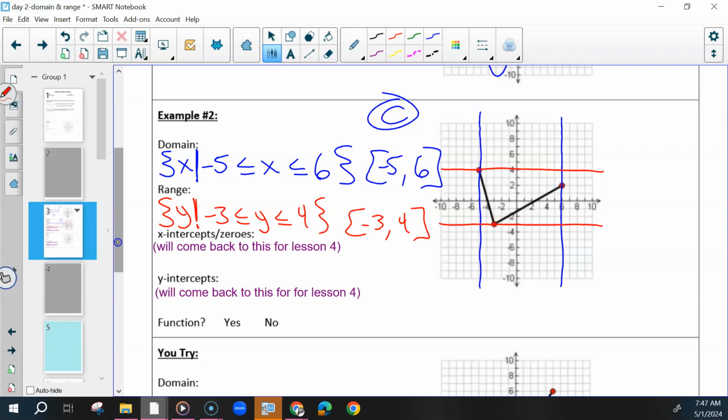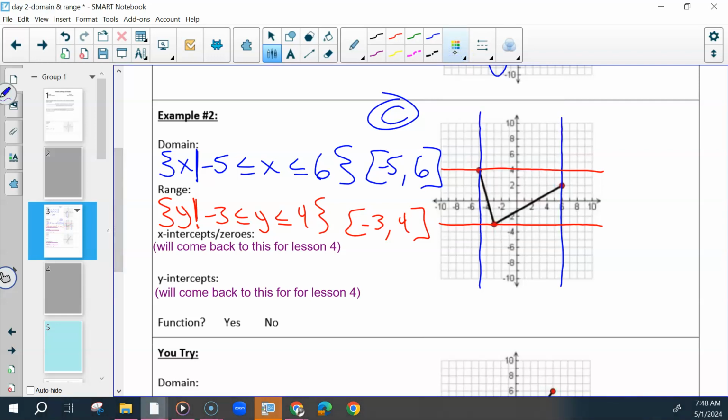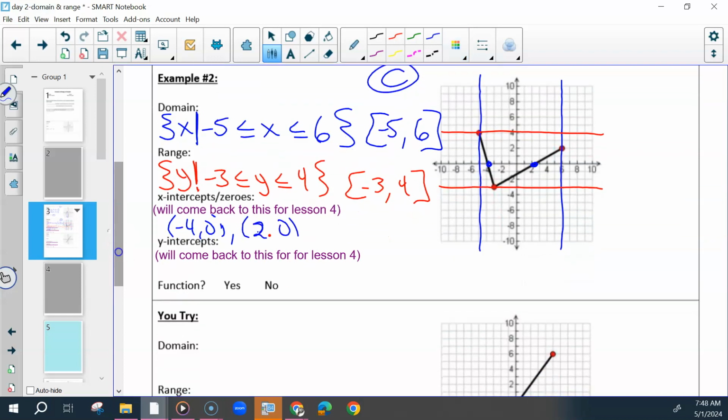Because we've already done x-intercepts and y-intercepts, find those. What are the x-intercepts of this? 2 and -4. It's a little off, but let's assume it's there. So we'll just write those as ordered pairs. And then the y-intercept? -1.